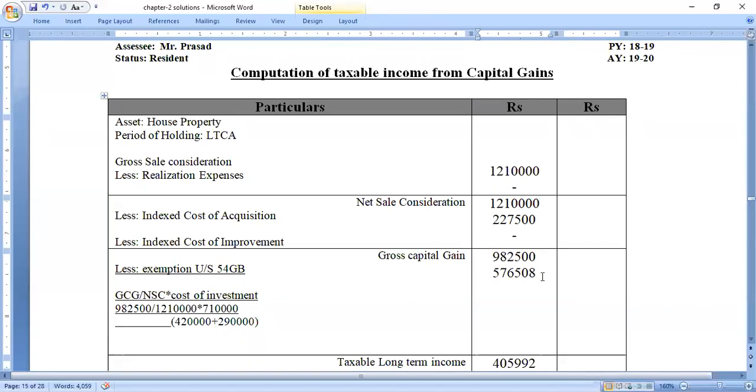So after calculating, we get the amount 5,76,508 rupees. After minusing the amount from the gross capital gain, we get the balance, that is 4 lakh 5,992, which will be the taxable long-term capital gain because the asset is a long-term capital asset.